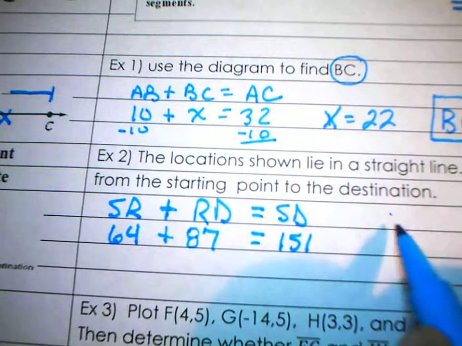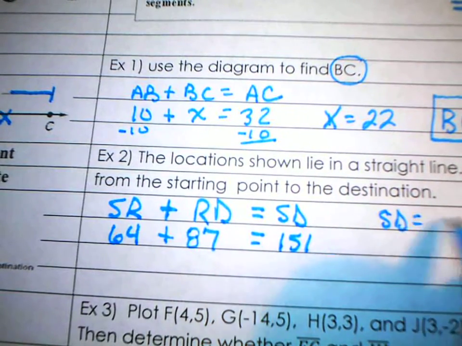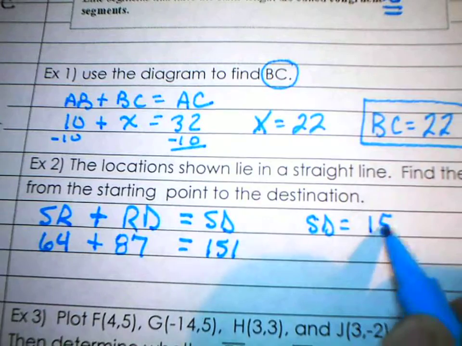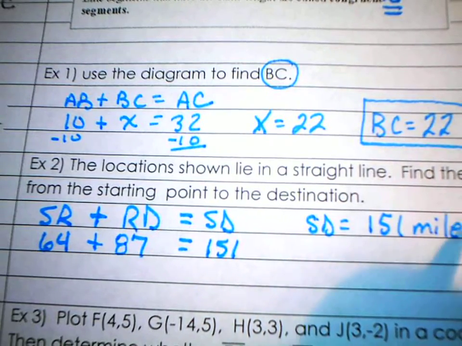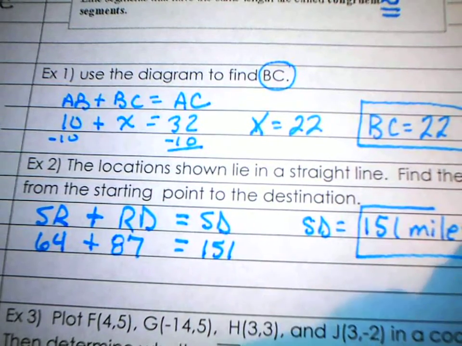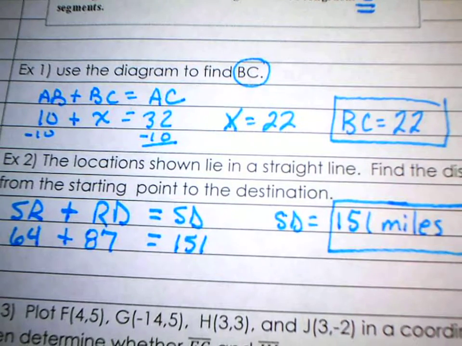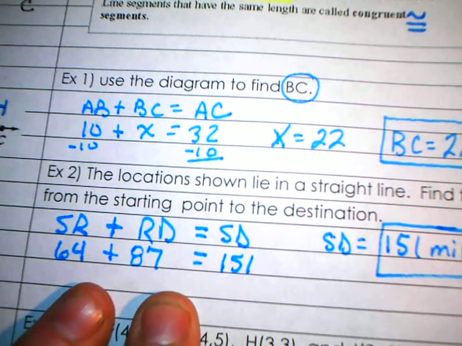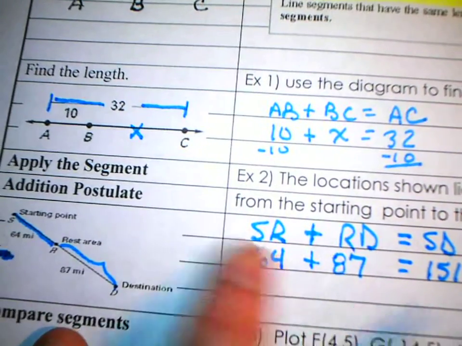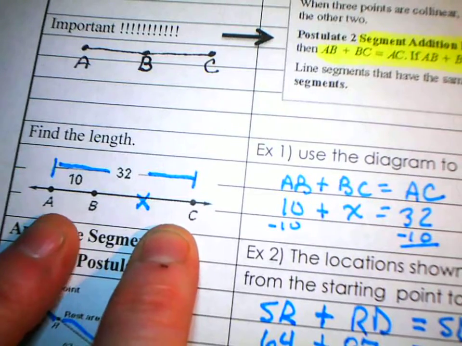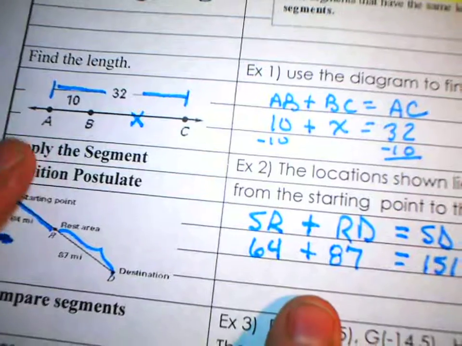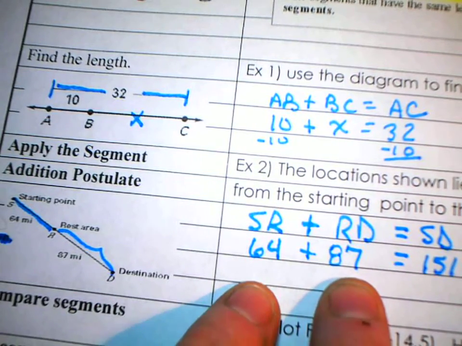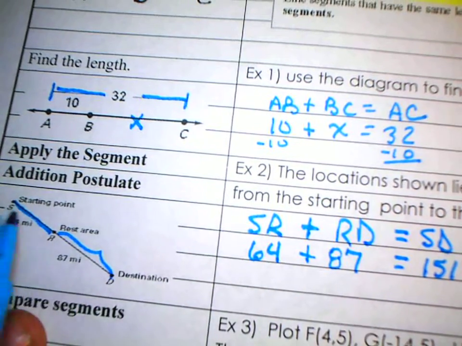So SD is equal to 151 miles from the starting point to the destination. This is still using the segment addition postulate, but you did not have to work backwards like you did on example 1 where we had to subtract. This one was straightforward, and we just added our two small segments and they equaled the large segment.